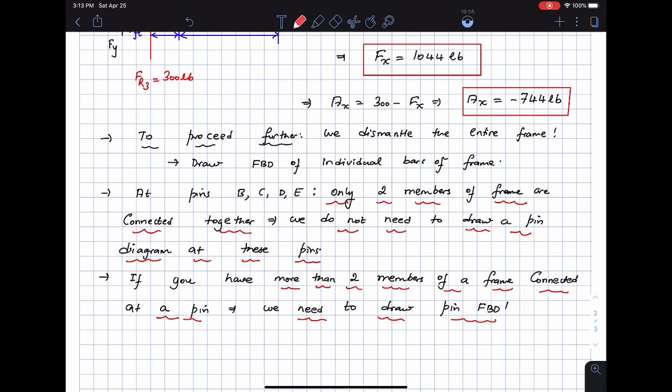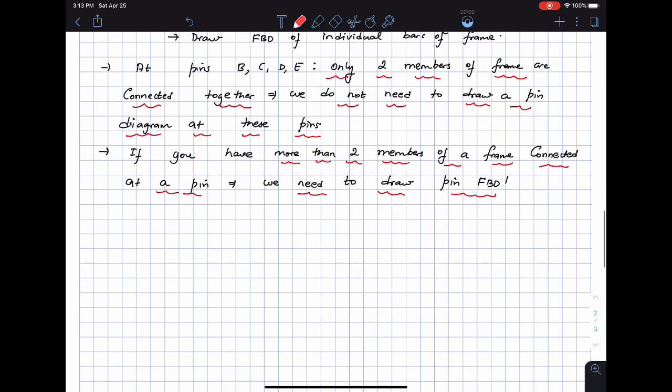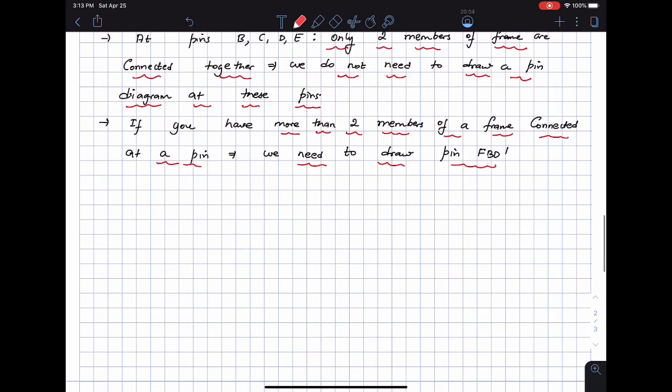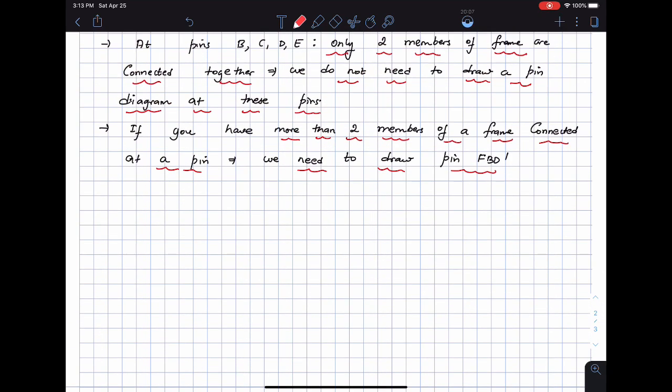So our next step is to take a look at these different bars, and then we will start looking at what information we can glean from them. I'm just going to inspect and see if I have enough space. I don't, so I'm going to start drawing the free body diagrams on the next page. So far, from the free body diagram of the entire frame, we have the following.